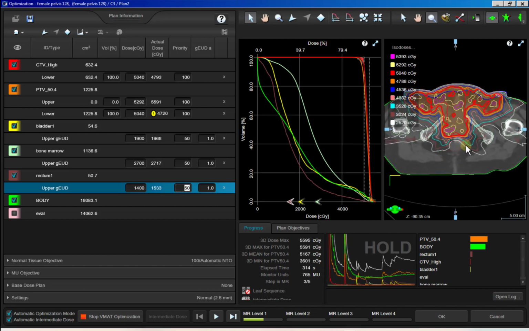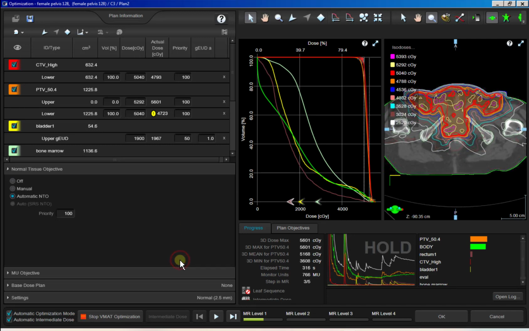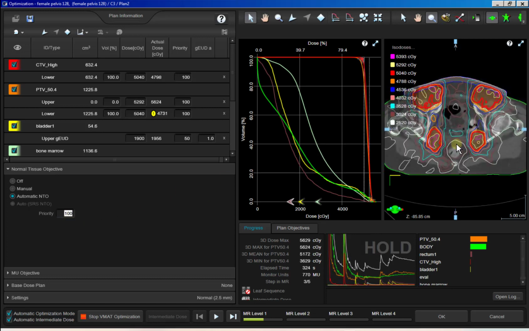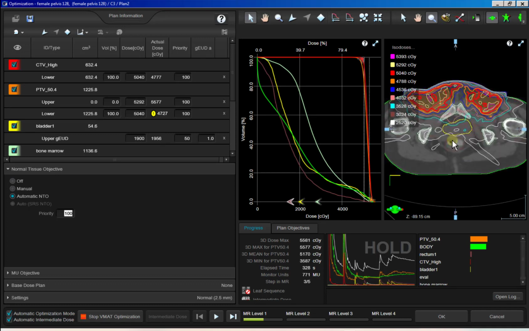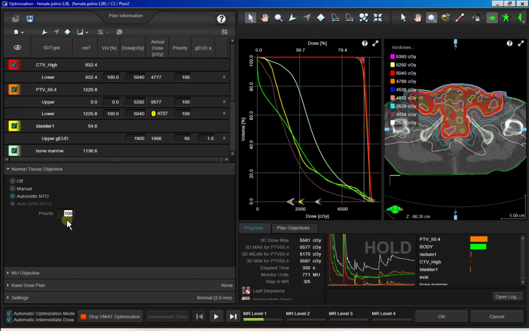If that starts to happen, it is perfectly okay to start playing with this number too. I only want you to play with this number if you do happen to see that streaking of those higher isodose lines. And I do it very slowly. If you start to see a little bit of streaking, 110.